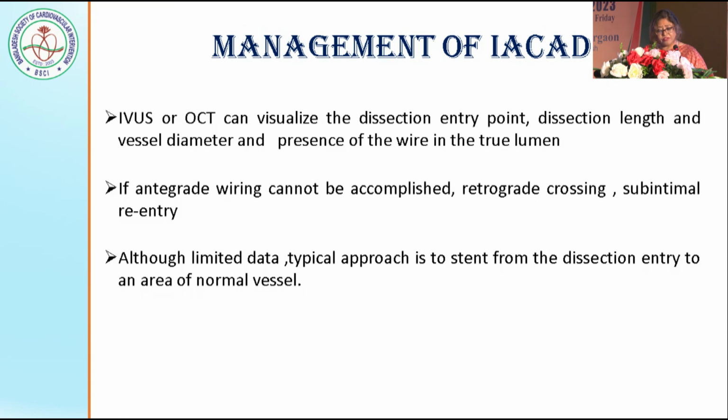IVUS or OCT can visualize the dissection entry point, dissection length, vessel diameter, and presence of the wire in the true lumen. And if antegrade wiring cannot be accomplished, retrograde crossing or subintimal re-entry like Stingray should be taken. Although data are limited, the typical approach is to stent from the dissection entry to an area of normal vessel.